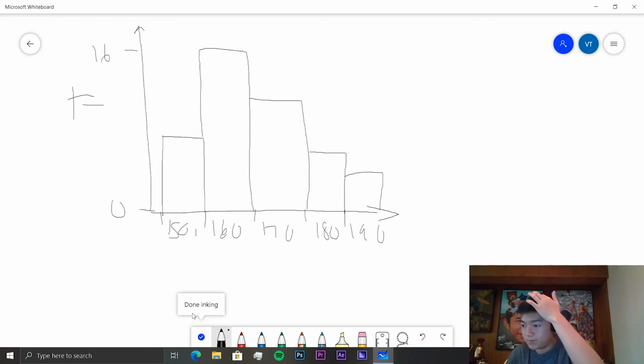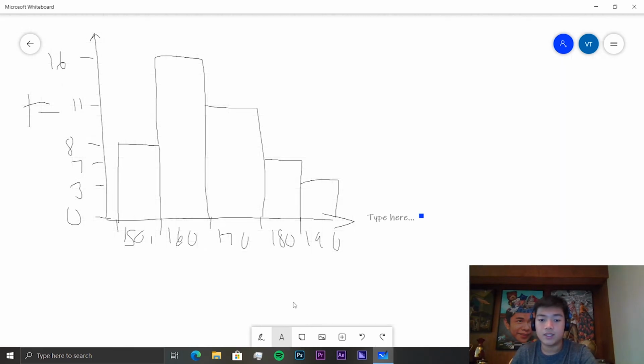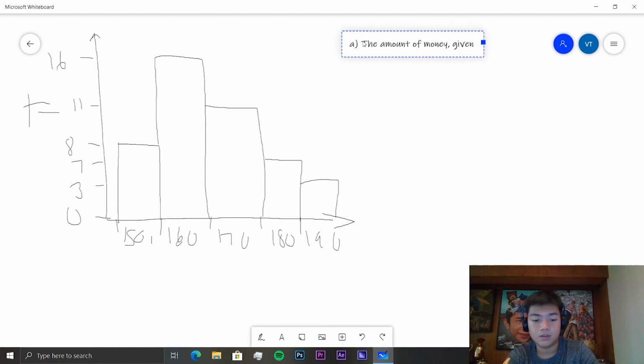This is 8. This one is 11. That is 7. And this bottom one is 3. So judging from the histogram, we need to find out, as this histogram shows, the amount of money given to the nearest $10 spent on food each week by the families in a neighborhood.